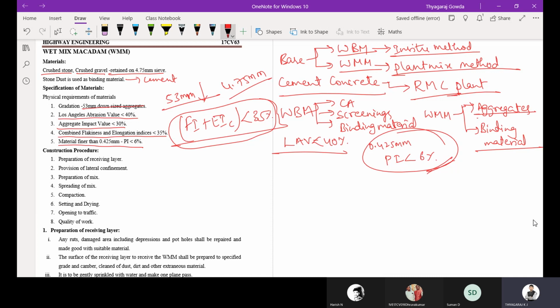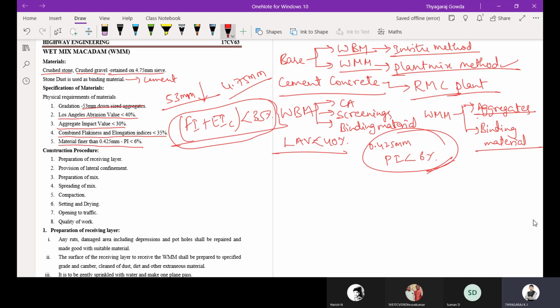What is the step-by-step procedure we are going to follow? Since it is a plant mix method, there will be no mixing and spreading on the road. We simply bring the wet mix from the plant.